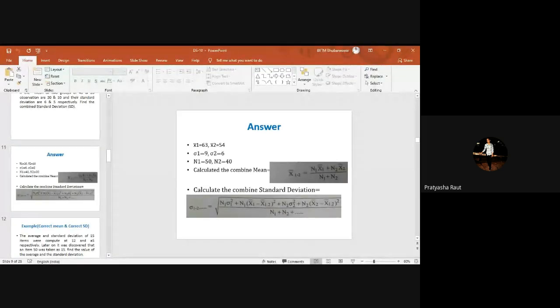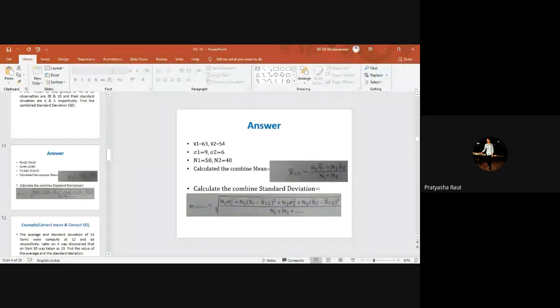Okay. If you go to the first value, that means n1 is equal to 50 into sigma square. What is the square of sigma 1? 81. Sorry, 81. n2 is equal to 40.